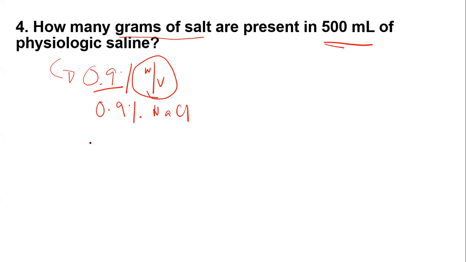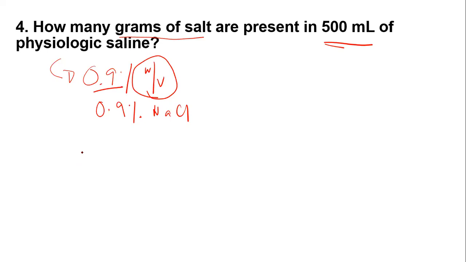So the question now is, what is the formula that we are going to use? Between the two formulas presented for percent W over V, the formula you can use is the second one. What is the second formula for W over V? If you look back at the video lecture, it is grams equals the percent concentration times the desired solution.